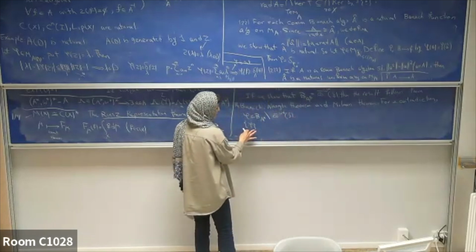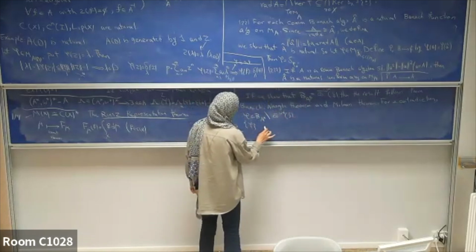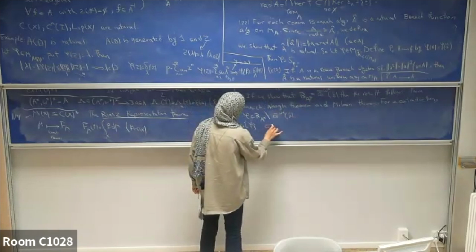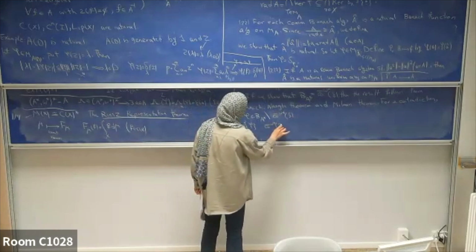So we have two sets: phi, and also the closed convex hull of S.